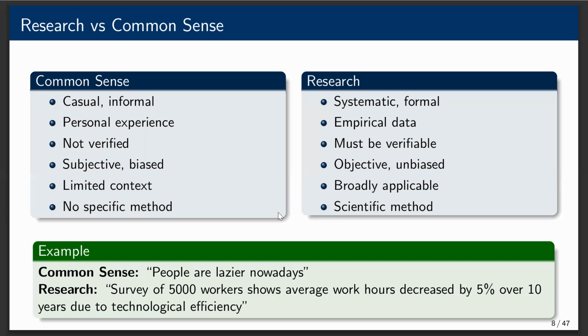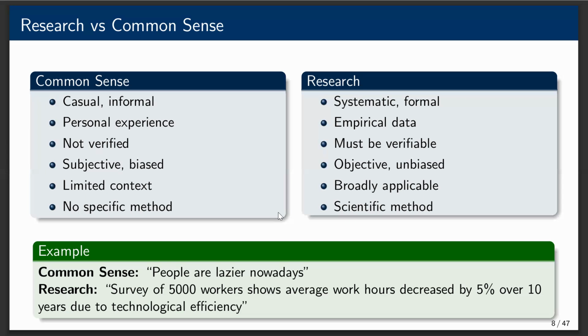So, in common sense, it's actually personal experience. It's not verified. It's subjective or biased, and it is a limited context. There is no specific method you have adopted. But in research, it's systematic, formal, and there is empirical data, and it must be verifiable, means other researchers will verify also.